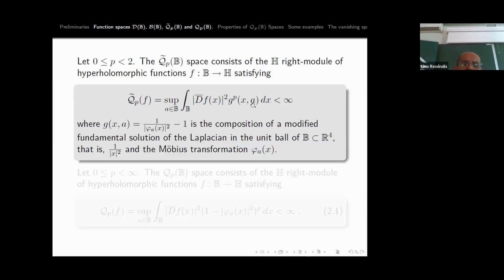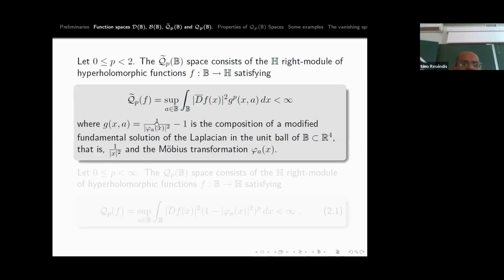Okay, and then again we are trying to keep control about the behavior of the growth of the derivative of f, the hypercomplex derivative of f, but in some sense, in some average control. However, observe also that there is one problem, because we have some singularity at the point x equal a, where the function is equal to 0.